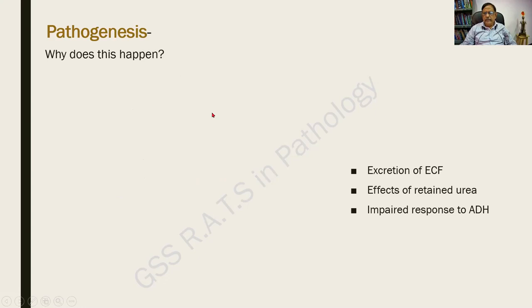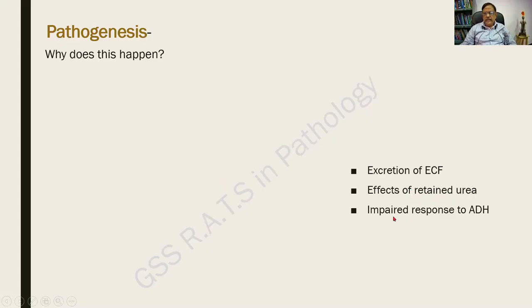And why does this happen? Because there is an excretion of the extracellular fluid. The fluid keeps coming into the glomerulus and is being excreted. And it has got pressure effects on the kidney. There is also the retained urea. The retained urea will again lead to a glomerular insult.